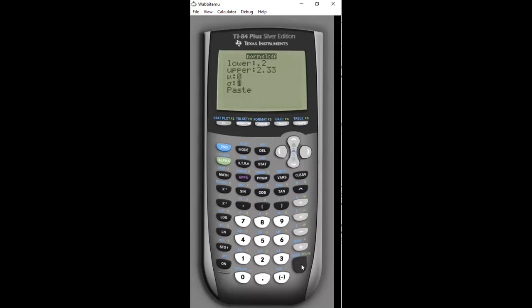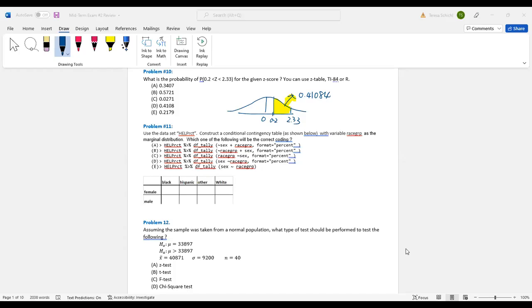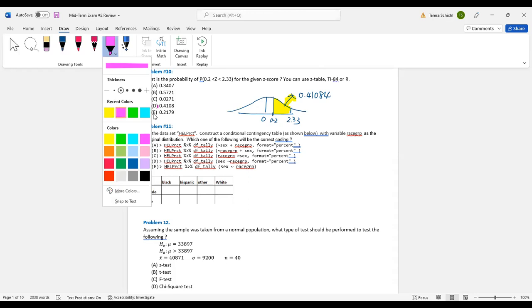Now we just go down here and we will get 0.41084. So this yellow area is 0.41084. Okay, let's go back to our review. So what is the closest answer? It's this here.